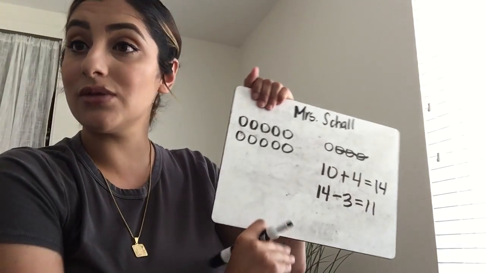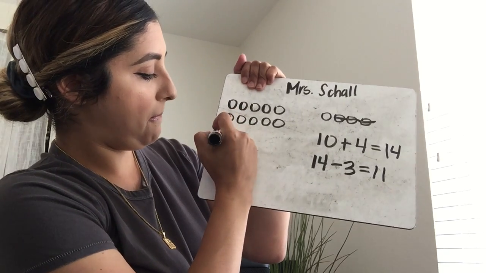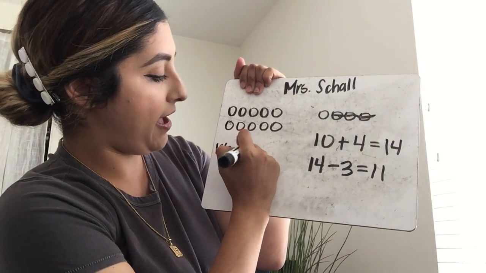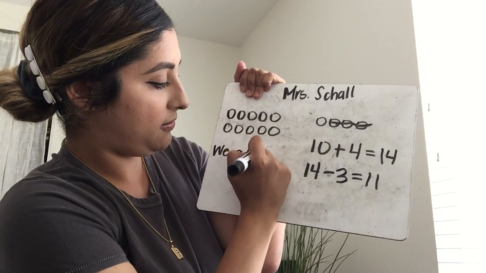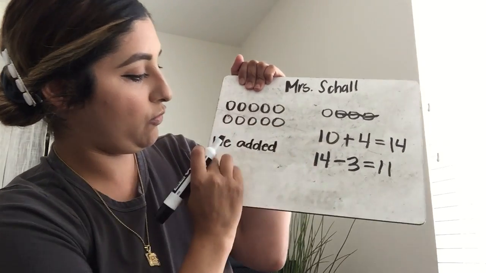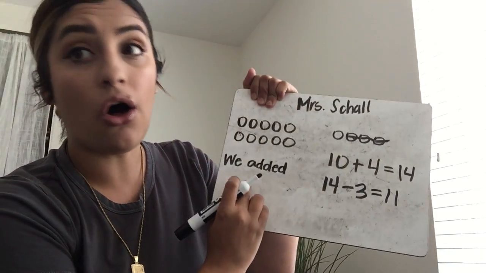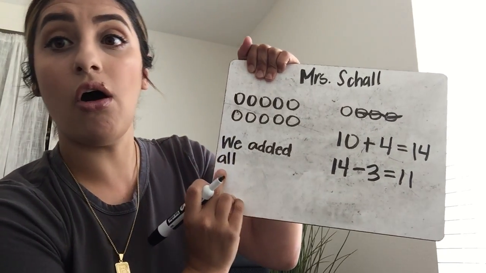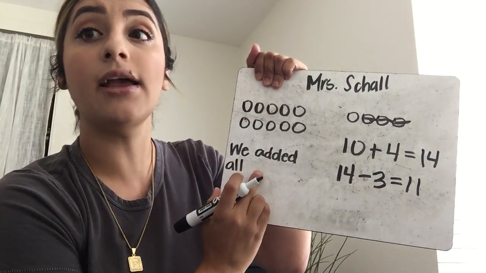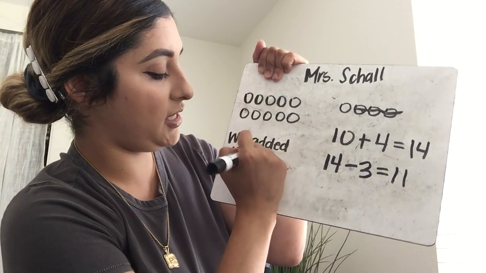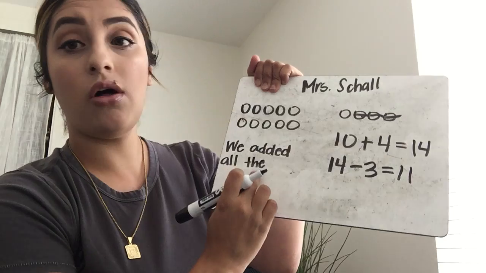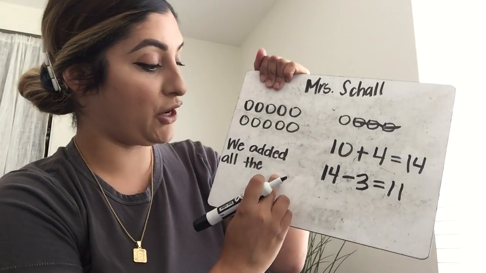My sentence starts with a capital. We added. We added all. A-L-L. We added all the. The is a sight word. T-H-E. We don't have to sound that word out, but we already know it. We added all the birds.